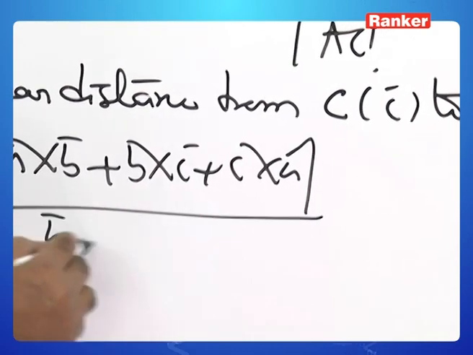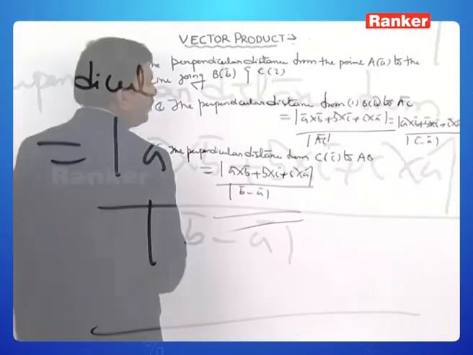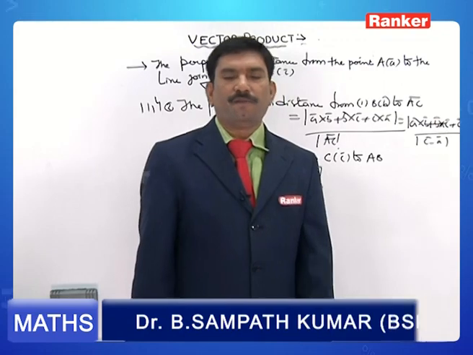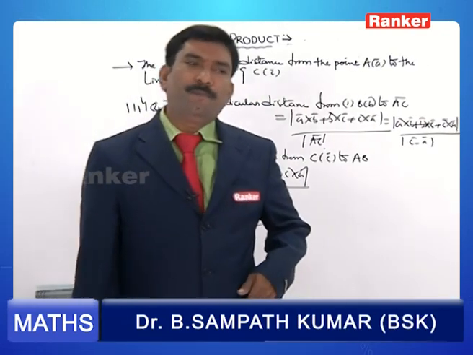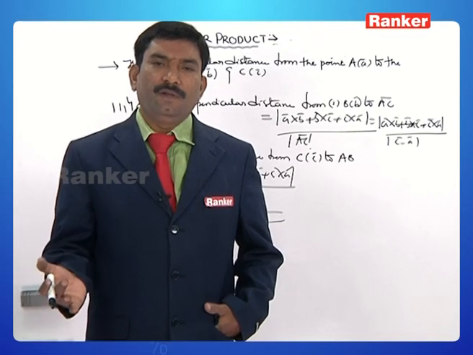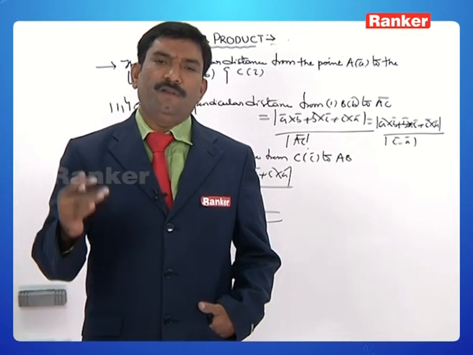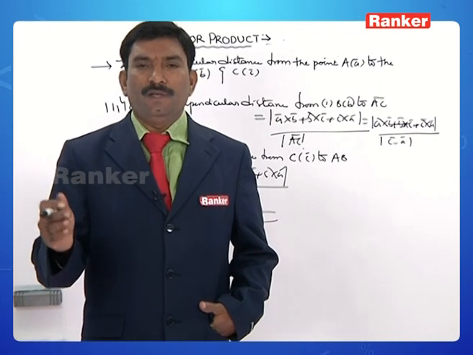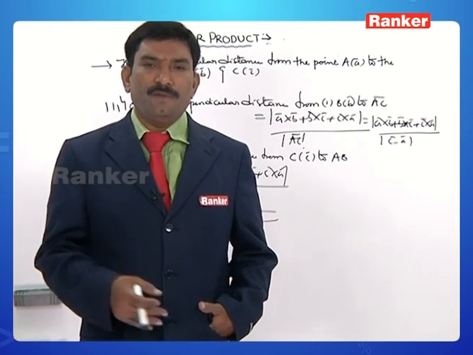Modulus of AB means B bar minus A bar. This is how you can find out the perpendicular distance from the point A of A bar to BC, or from B of B bar to AC, or from C of C bar to AB.